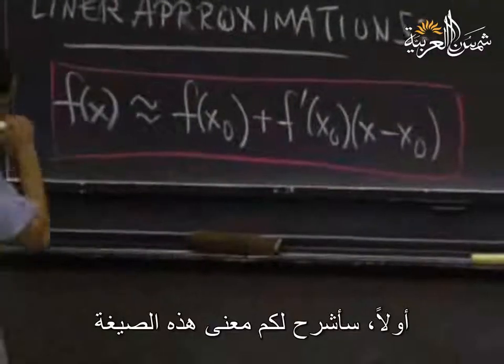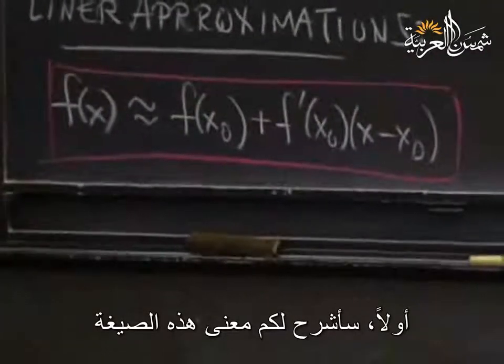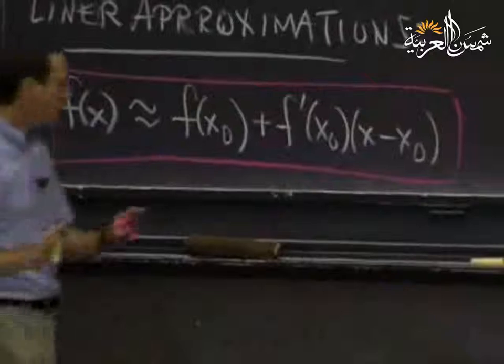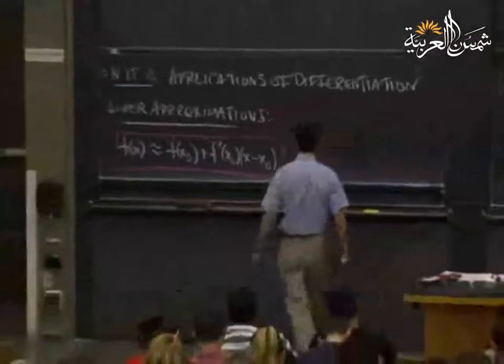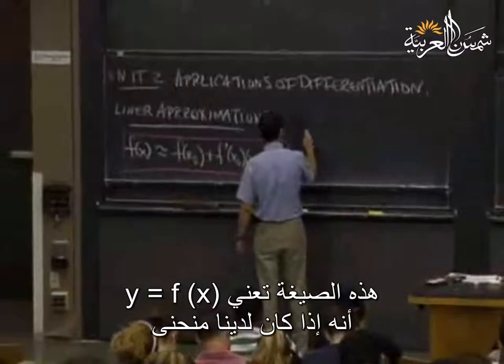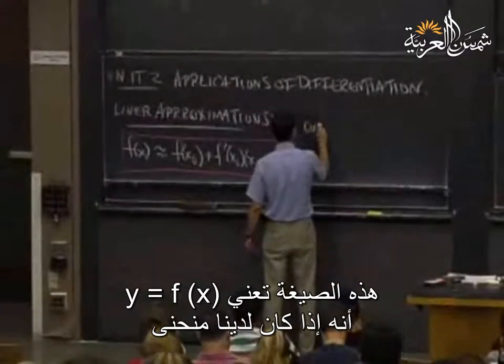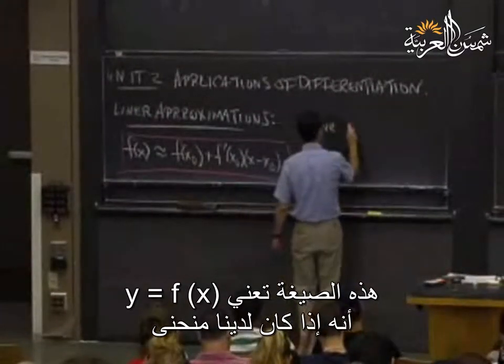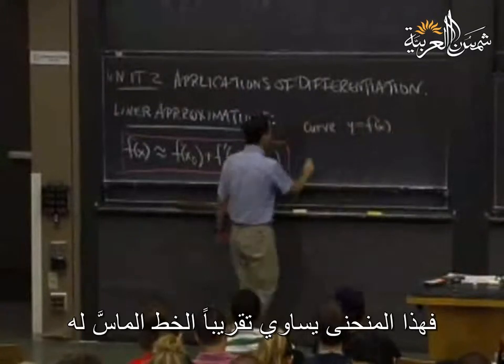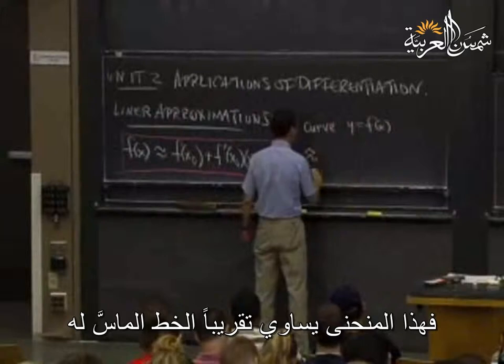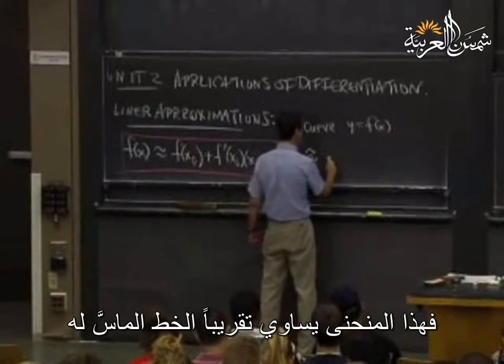And let me just describe what it means first, and then I'll describe what it means again several other times. So first of all, what it means is that if you have a curve, which is y equals f of x, it's approximately the same as its tangent line.